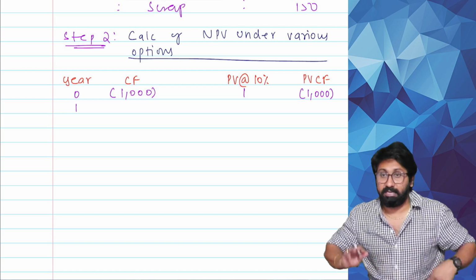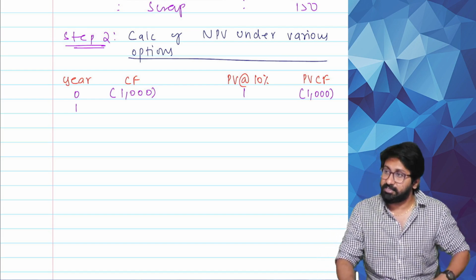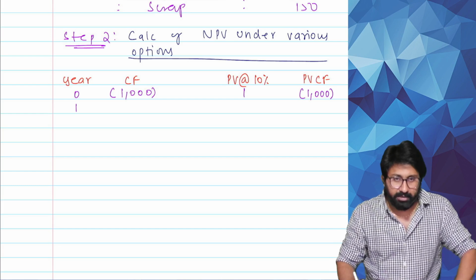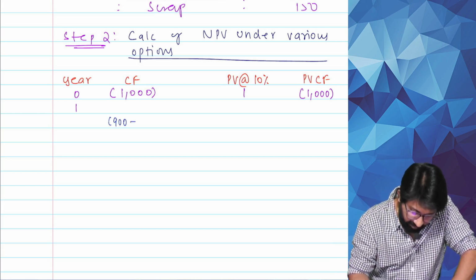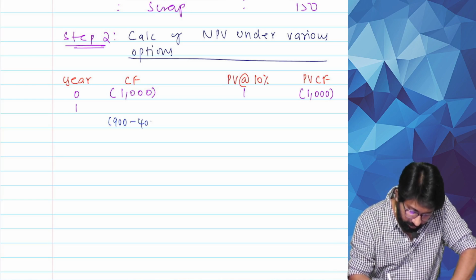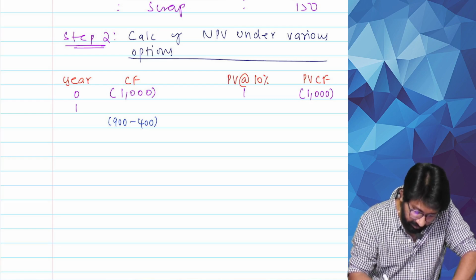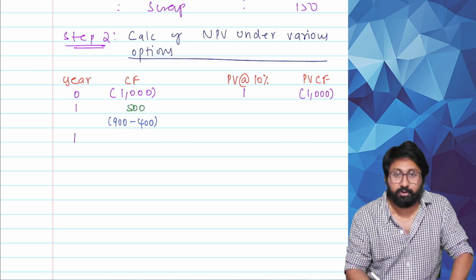Year 1, listen carefully. In year 1, there is a revenue and a cost. So net, you tell me, how much is the revenue? 900. What is the cost? Tell me. Net how much? This will be 500.